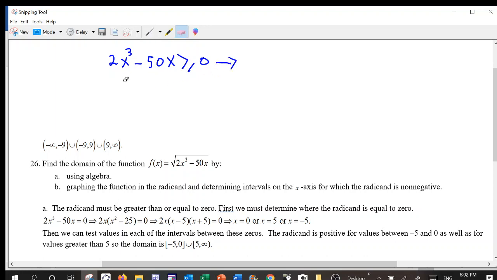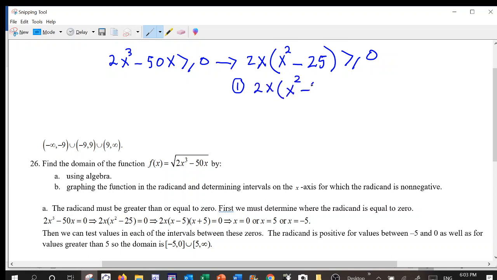That means we have to solve this inequality, which is a polynomial inequality. So let's factor the 2x out of it. We get 2x times x squared minus 25 has to be greater than or equal to 0. Now remember, to solve inequalities like this, first we convert it to an equation and we solve it.